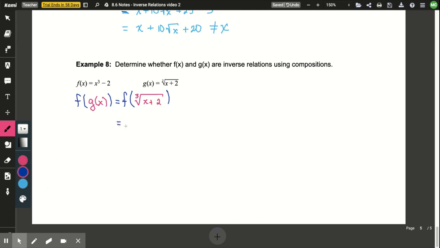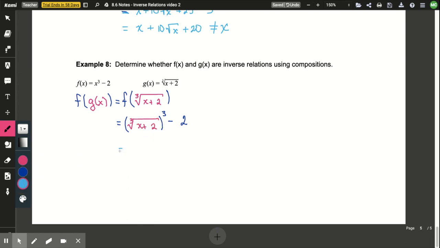Okay, and now I'm ready to bring the f function into this. So this would be, it says x cubed, so I'm going to do a blank cubed minus 2. And then what I'll put in the blank is my g of x function, which was the cube root of x plus 2.